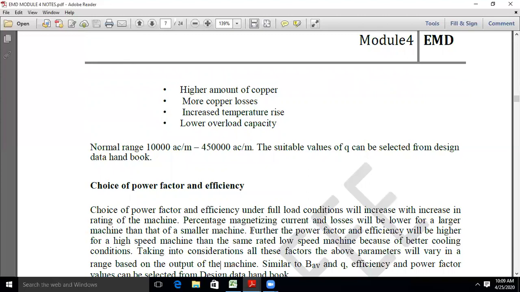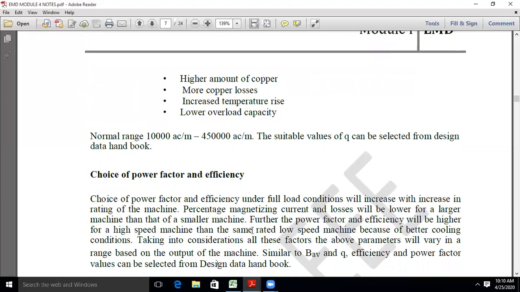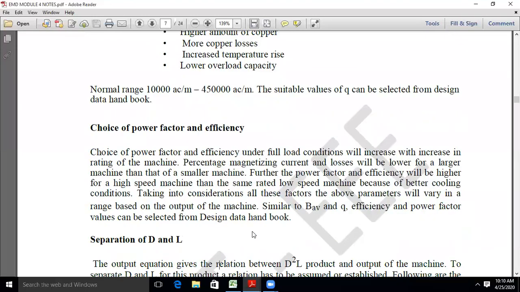Further, the power factor and efficiency will be higher for a high speed machine than for the same rated low speed machine, because of better cooling conditions. Taking all these factors into consideration, the above parameters will vary in a range based on the output of the machine.